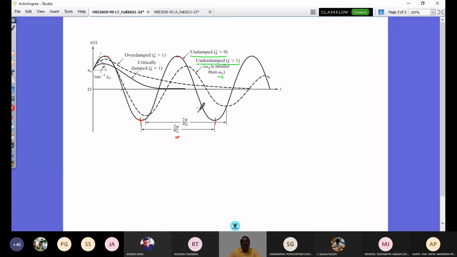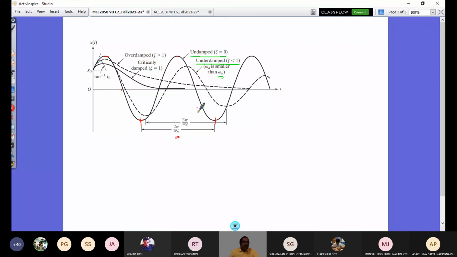So cos(omega d t2 minus phi) is the same as cos(omega d t1 plus 2 pi minus phi), which is the same as cos(omega d t1 minus phi).